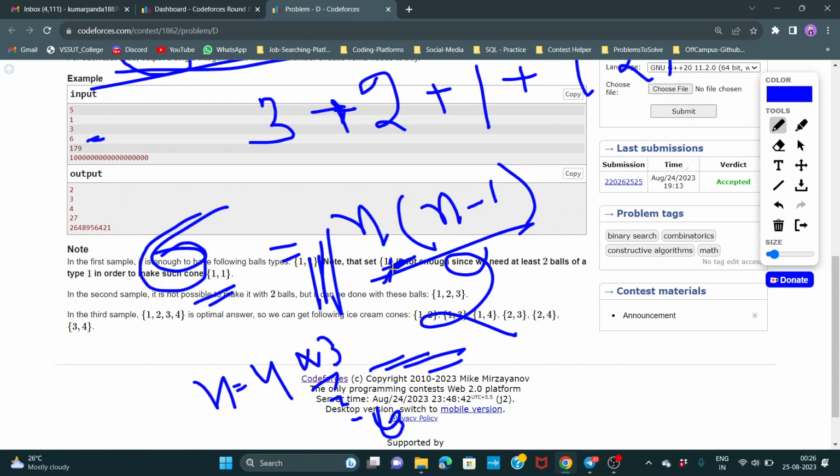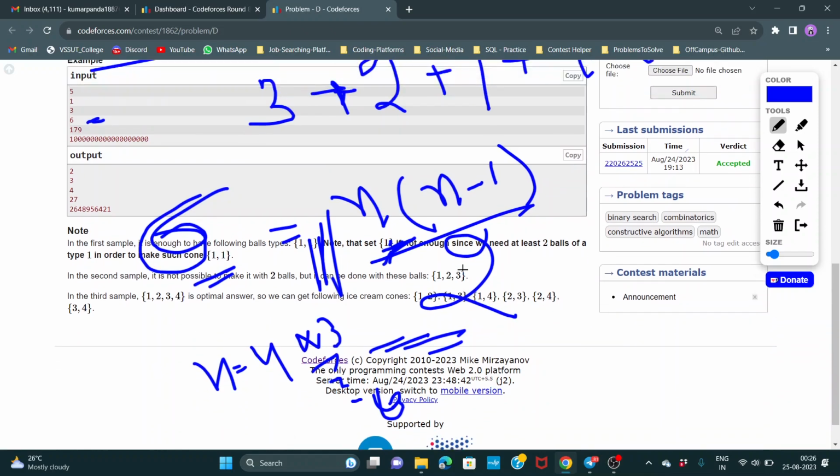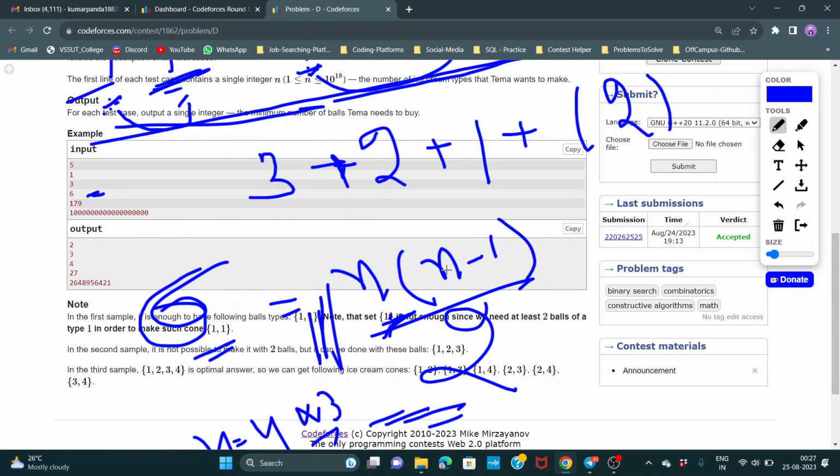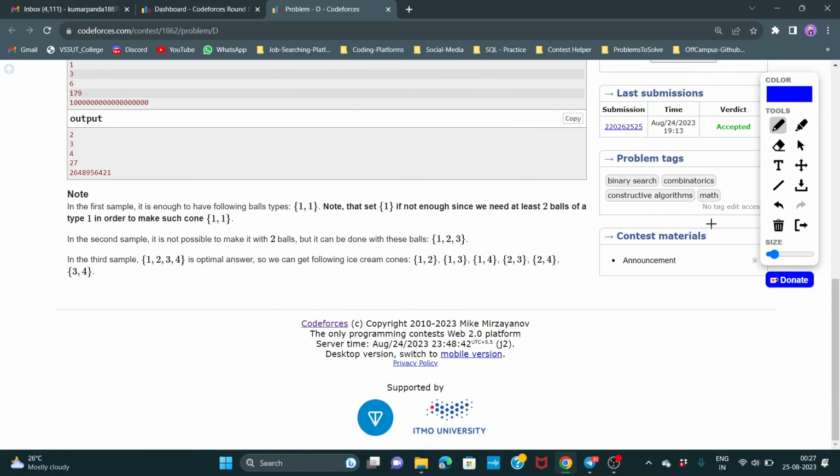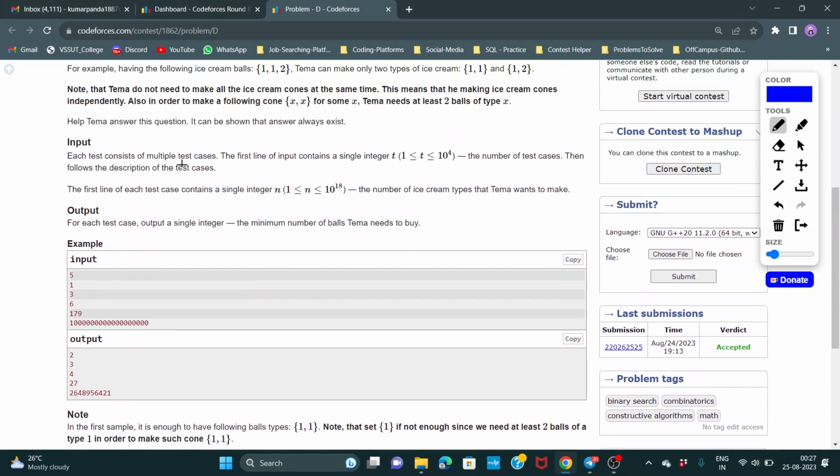So in that case, let's take the example of 8.